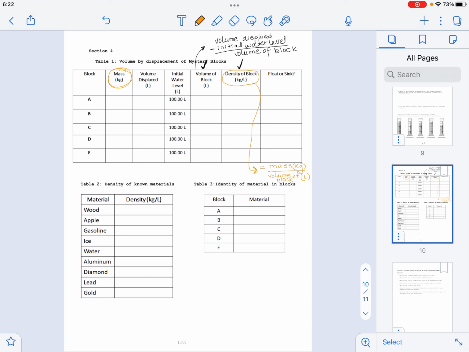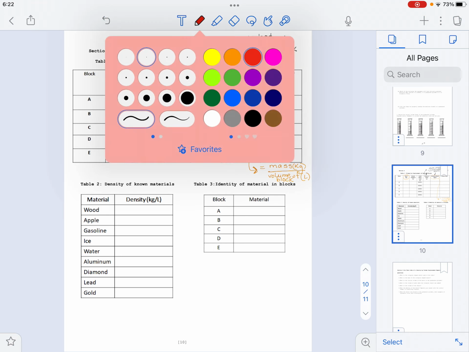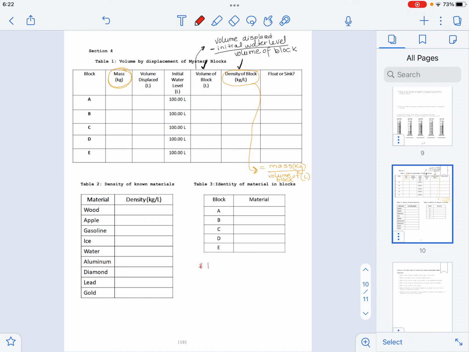At the end of the video, you're going to record the densities of these known materials, because as part of the exercise, you need to identify what the materials are for each one of the blocks. Please pay attention to the format for data entry.